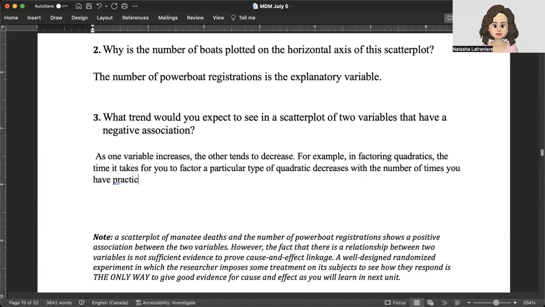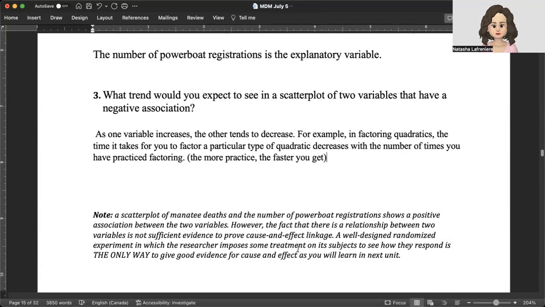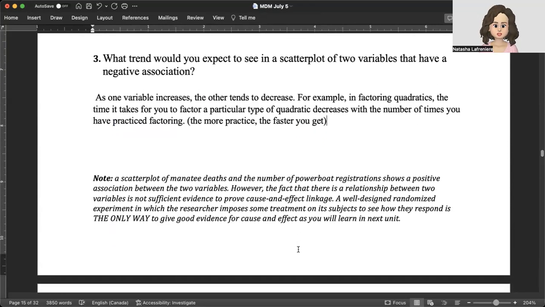I'm sure you've heard it many times, practice makes perfect. So in this case, as one variable increases, the other decreases. The more you practice, the faster you get, so you would see that scatter plot go downhill.